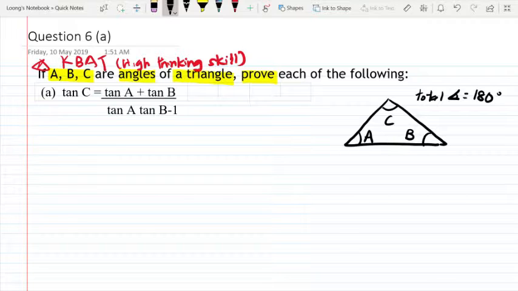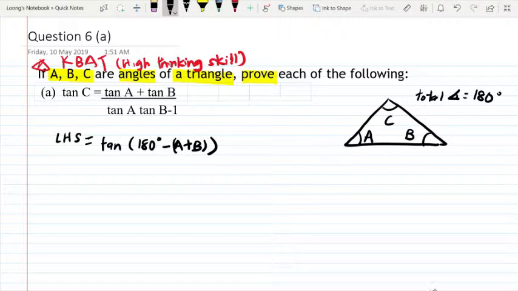Which means that whenever we come to proving this equation, we could actually start off with the left hand side equals to tangent 180 minus A plus B, which is true, as in order to get C, we need 180 minus A plus B.